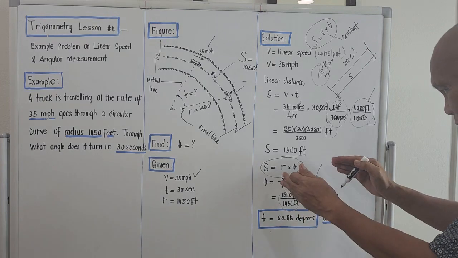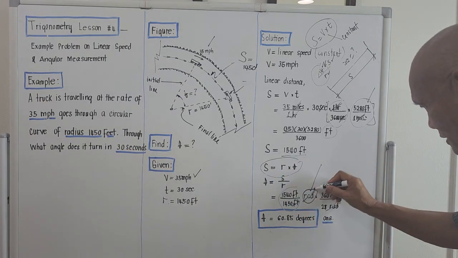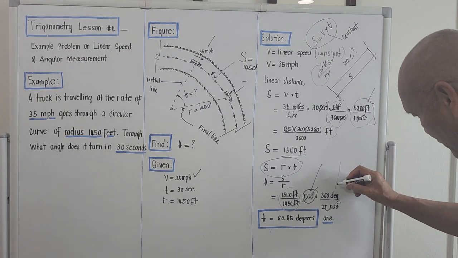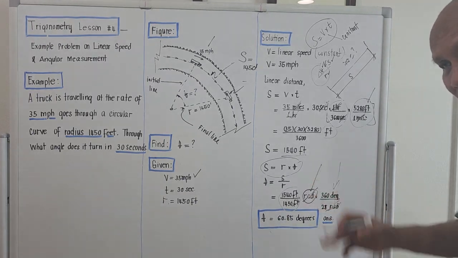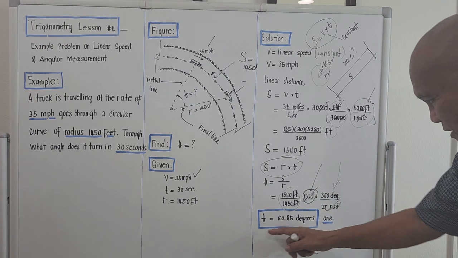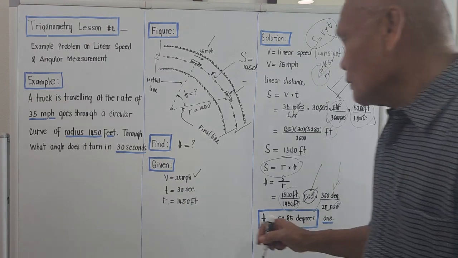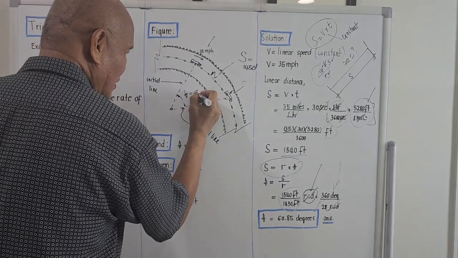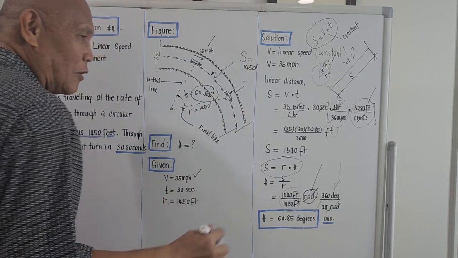As long as the operation is multiplication, we could cancel. So this radians here cancels with this. What remains for the unit of theta is degrees. The value of theta is 60.85 degrees. Okay? So this angle here is 60.85 degrees. Oh, that's the answer.